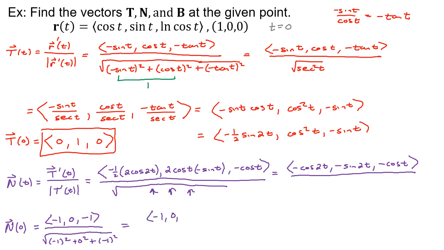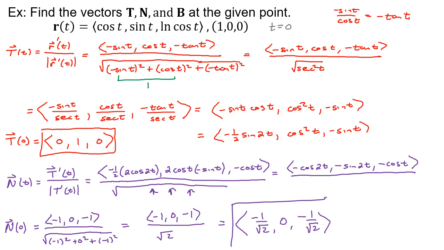And it's a lot easier to say 1 plus 1 equals 2 than it is to try to do all those trig functions. So I get the vector negative 1 over root 2, 0, and negative 1 over root 2. That would be my unit normal vector.